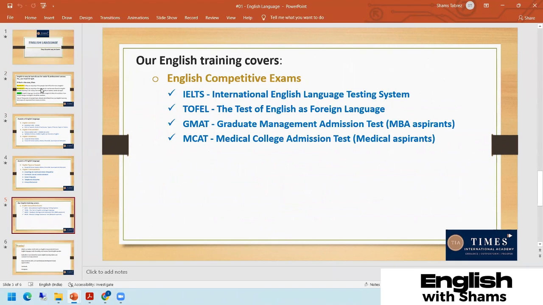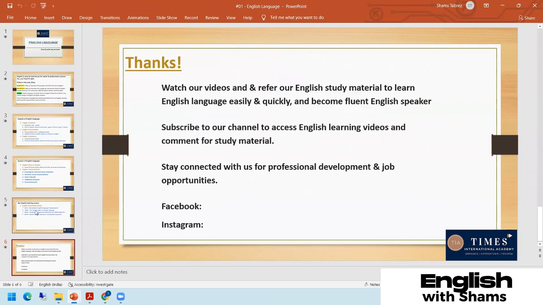Similarly, TOEFL, the Test of English as a Foreign Language, and some other competitive exams for the English language. If somebody would like to appear for these exams, it will be easy for them.